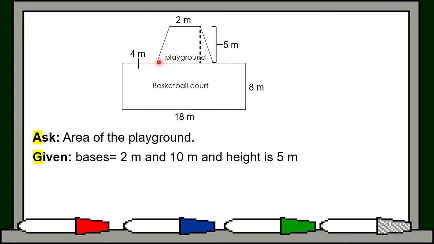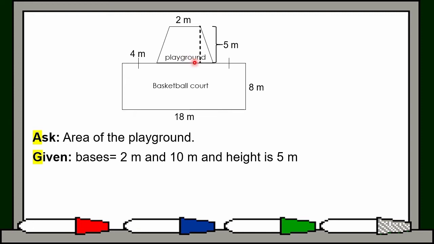So, what we are going to do is, we will subtract 4 meters, and this means 4 meters also because they both have one mark. It means they are equal in measure. So, 4 plus 4 is 8. Then, we will subtract it from 18 meters. 18 meters minus 8 meters is equal to 10 meters.